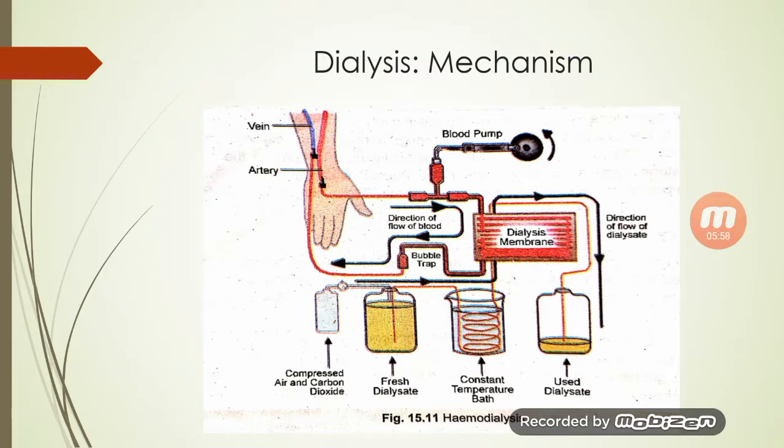The undetoxified blood is drawn into the dialyzer machine via the artery, which enters the dialysis membrane. The dialyzer and its proper structure is seen in the diagram. It consists of tubes which are semi-permeable membranes that work on the same principles as in the kidney.